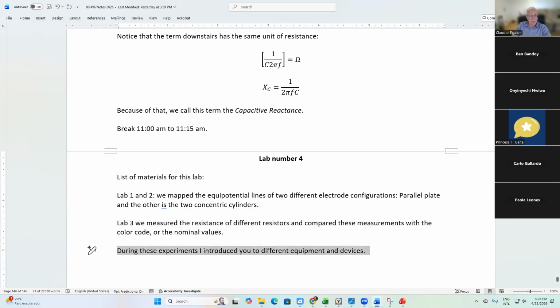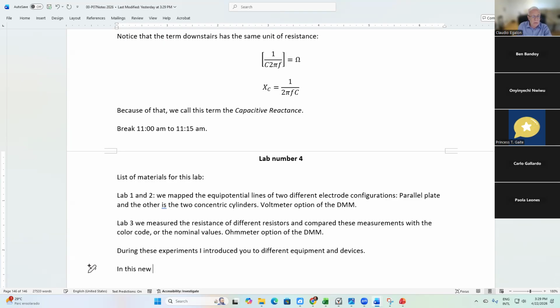And during these experiments, I introduced you to different equipment and devices, right? Here we use the voltmeter option of the DMM. Here we use the ohmmeter option of the DMM. Ohmmeter means measure the resistance.